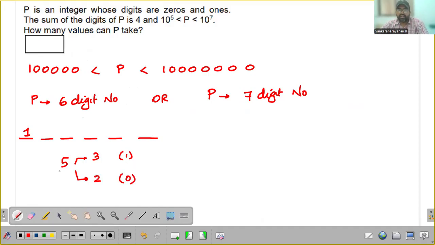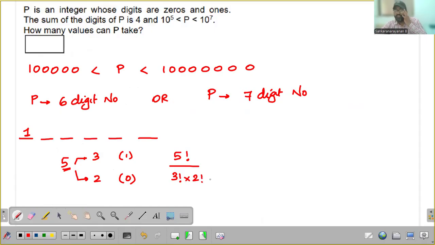Listen carefully. You have altogether 5 places. In these 5 places, 3 places you have to fill with 1 and 2 places you have to fill with 0. So it's something like permutation with repetition of letters, right? How many ways can you do it? It will be 5 factorial divided by 3 factorial into 2 factorial.